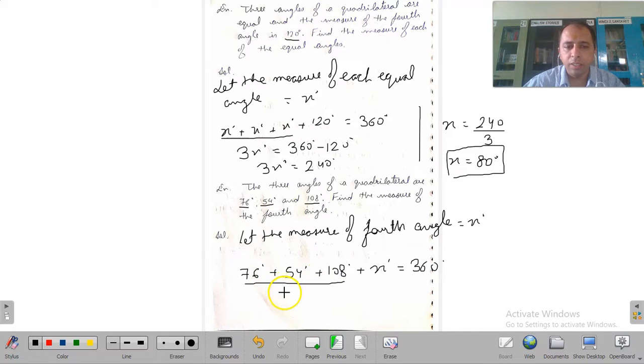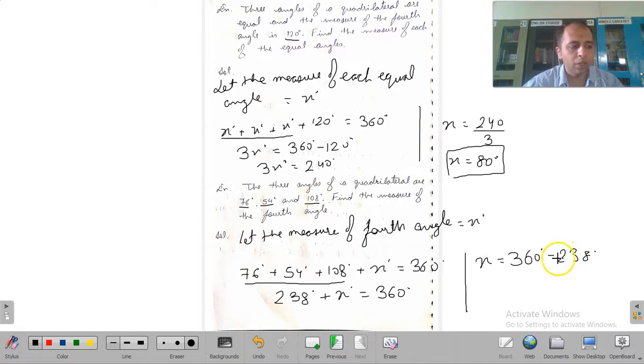If we add them, we get the sum as 238 degree plus x degree equals 360 degree. So the value of x will be 360 degree minus 238 degree, which is 122 degree. In this way we can solve questions based on the angle sum property of a quadrilateral.